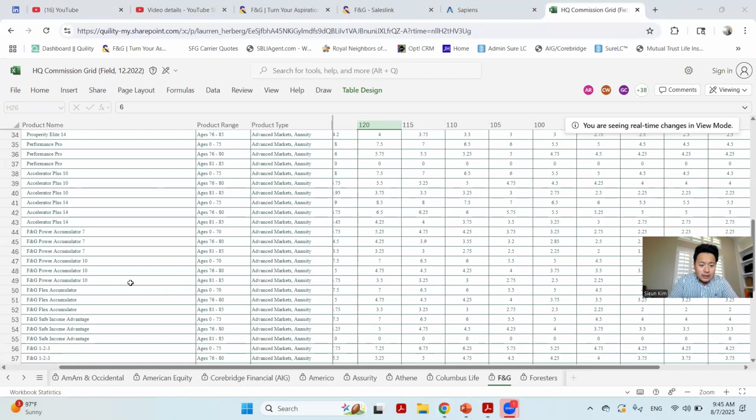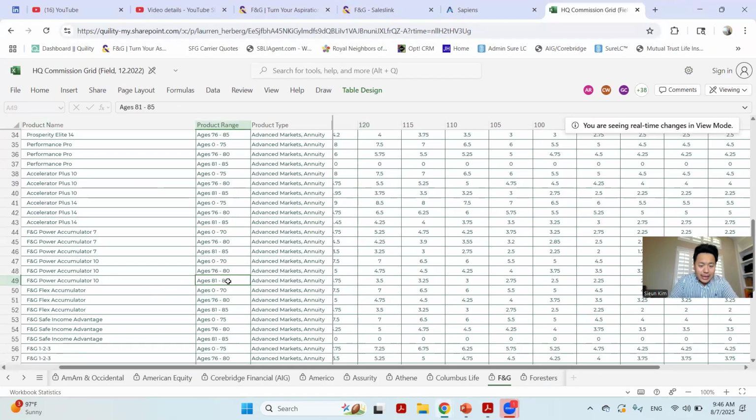You can start a Power Accumulator 10 up to age 85. So 85 is the last age you can do this. But the commission payout is a lot less because most likely the client is closer to their death than somebody who might have started at 50. If that makes sense. So depending on their age group, the commission rate is a little different.